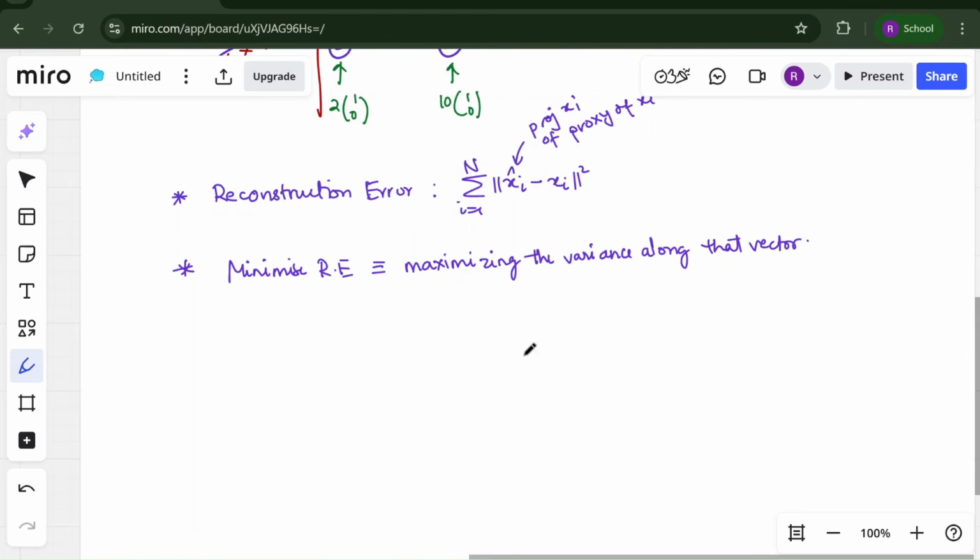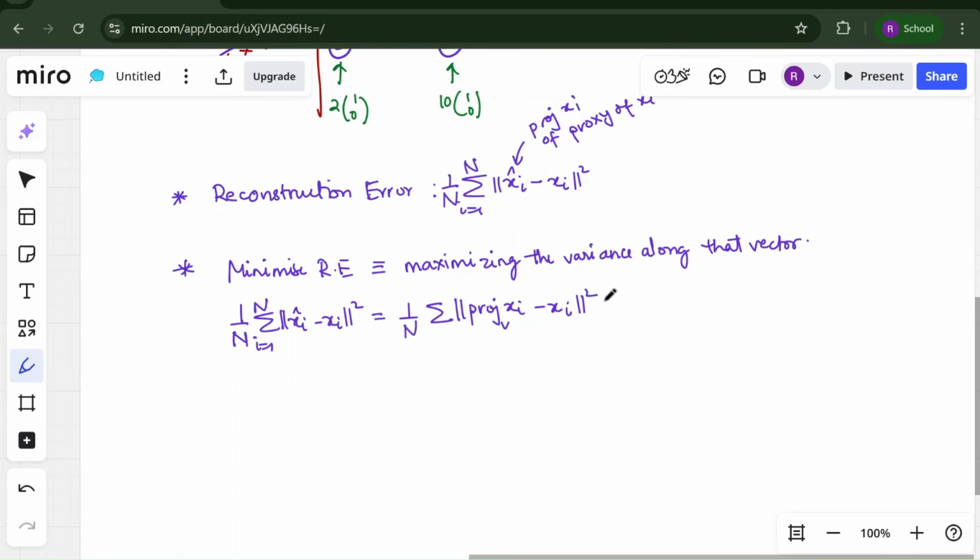You can start with minimizing the reconstruction error, which is 1 by capital N, let me take a 1 by capital N here just to average it out, sum over i running from 1 to capital N, xi hat minus xi norm square, right? That can be written as 1 by capital N, and instead of xi hat, since I am projecting, I can write it as the projection of xi onto v, let me take v as of now, minus xi norm square.